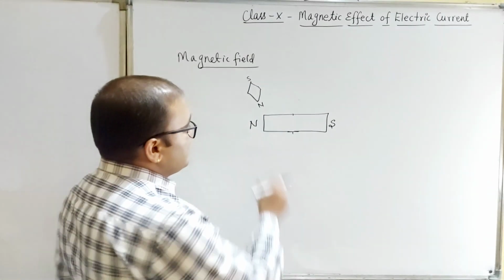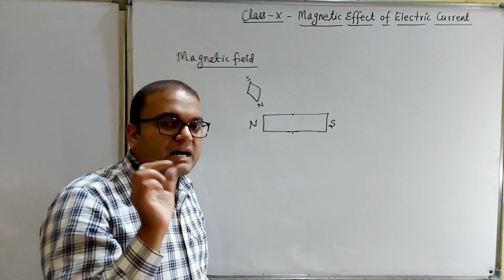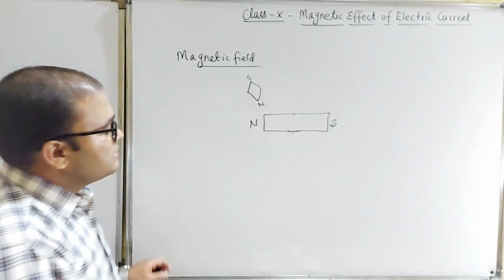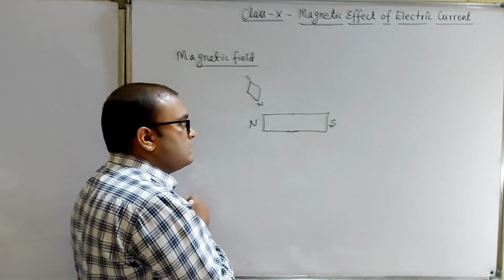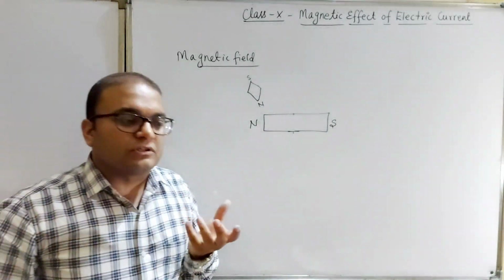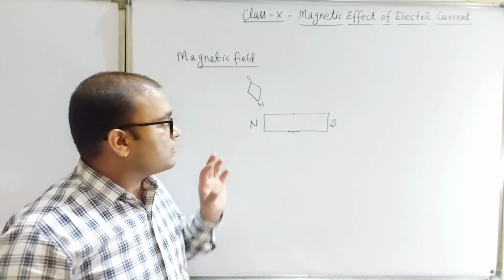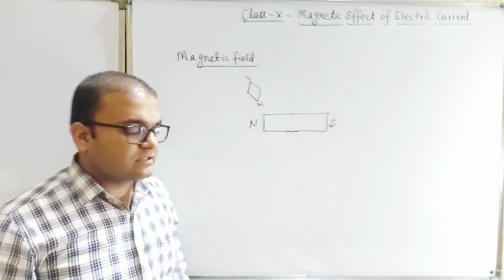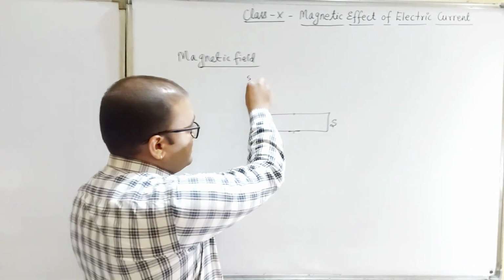In a compass needle there are both the two poles, north as well as south. So here we assume the hypothetical north pole; we generally say only the north pole of the compass needle, but there exist two poles in a compass needle, north as well as south.